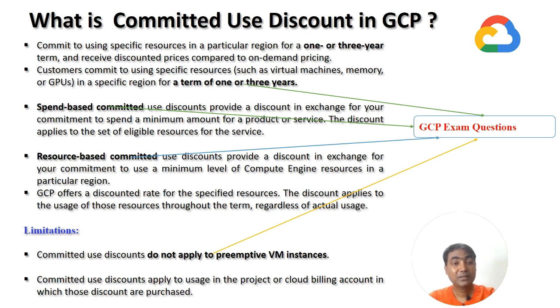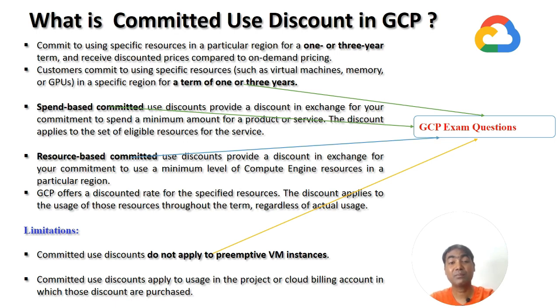Committed use discounts are available as spend-based or resource-based discounts depending on the Google Cloud services offering them. Spend-based committed use discounts provide a discount in exchange for your commitment to spend a minimum amount for a product or service.